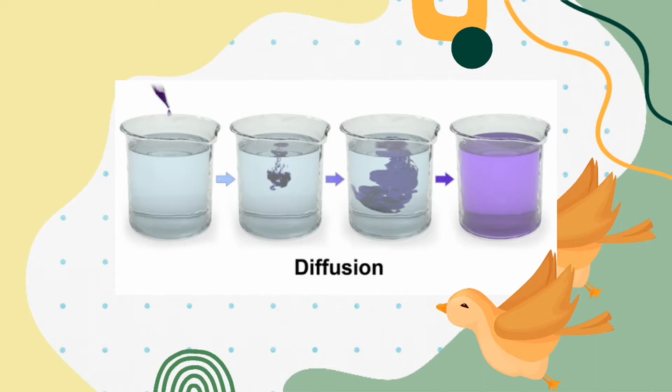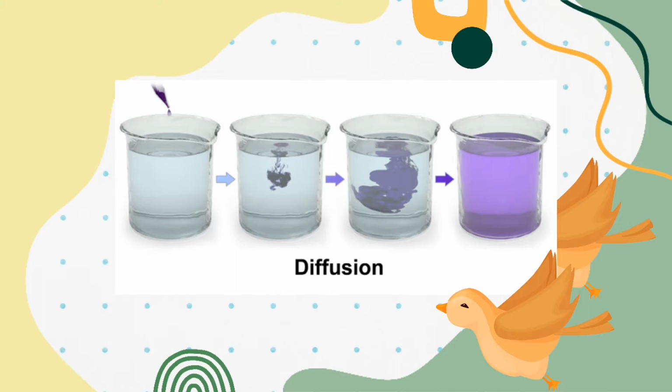At beaker B, the potassium permanganate has been released and is more concentrated at the point of release. In beaker C, it is spreading around the entire beaker. In beaker D, it has been evenly spread, so you cannot tell where it was initially released.